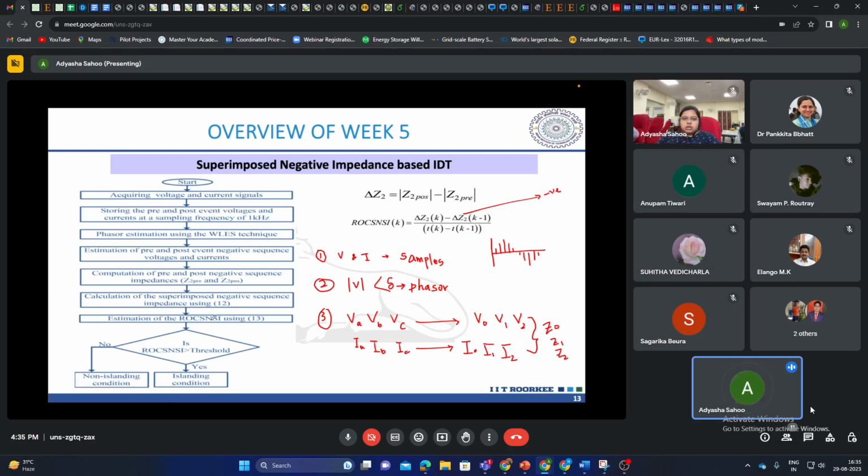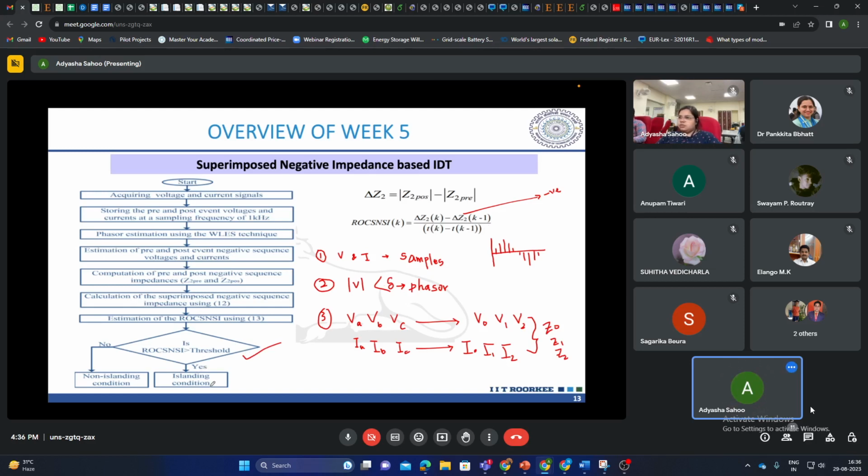At each point we are trying to find the difference between two consecutive values. We will get a series of Z as we have a series of voltage and current here, and if their difference rate, basically rate because we are dividing by time here, is greater than a certain threshold, then we can say we have an islanding condition.